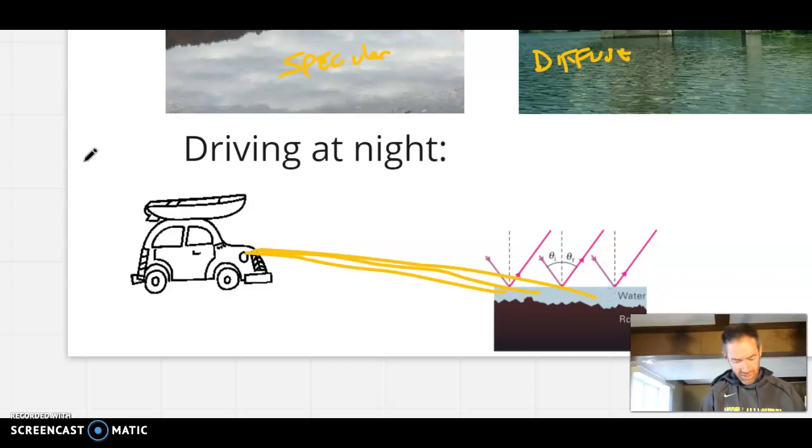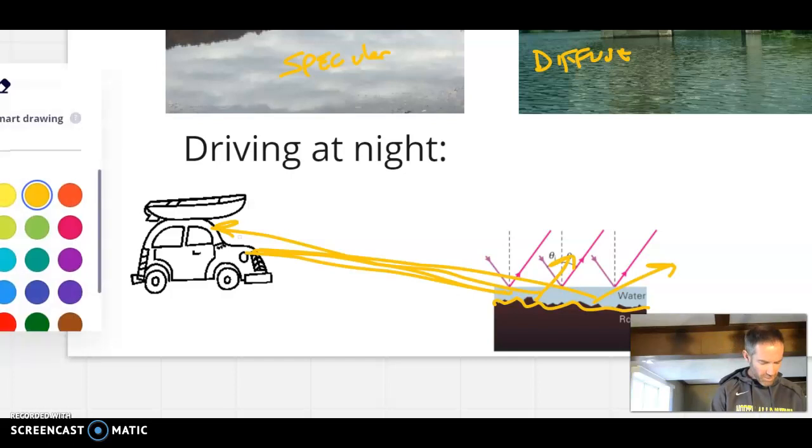It actually is, because the only way you're going to see something is if light from it gets back into your eye. So you're turning on your headlights and you're hoping that some of that light returns to you. The light that doesn't return to you doesn't do any good. And so if this is irregular, well, some of the light's going to go forward, some of the light's going to go up, but there's a chance that some of that light's going to come back and get you in the eye and you'll be able to see it.